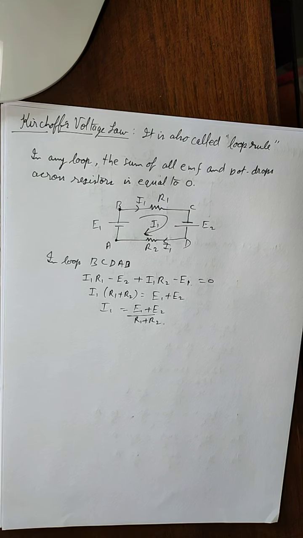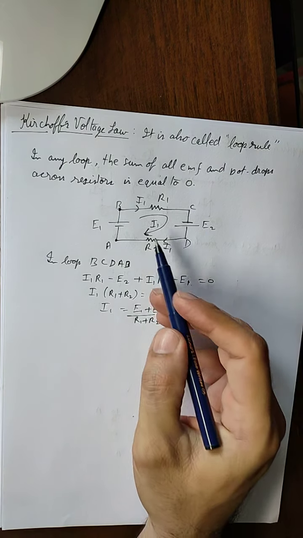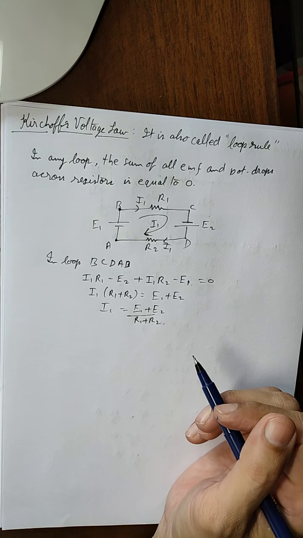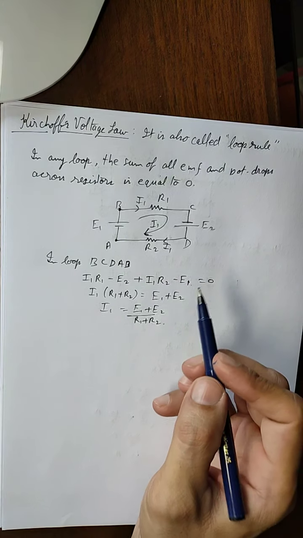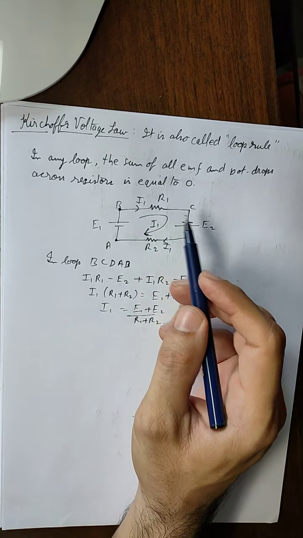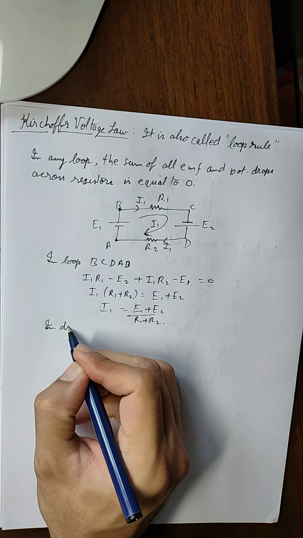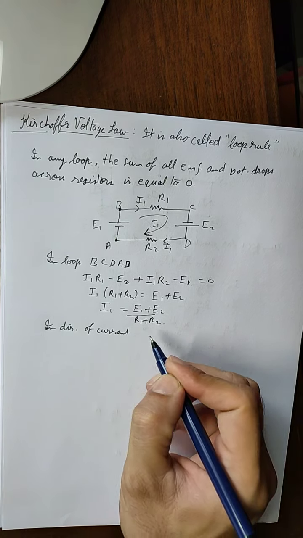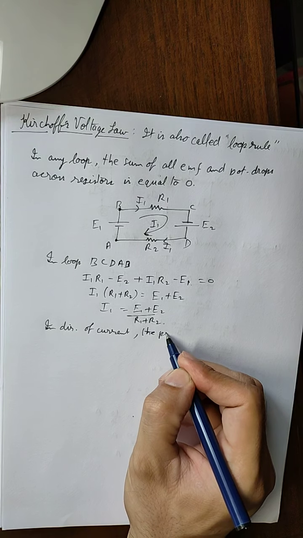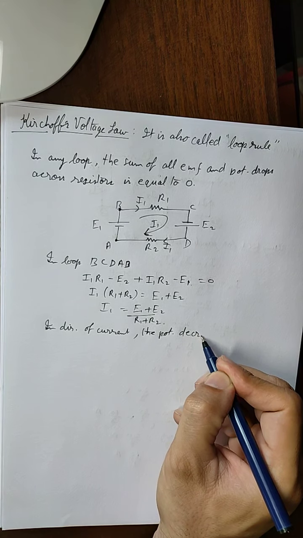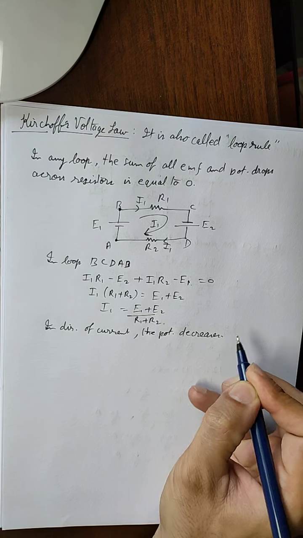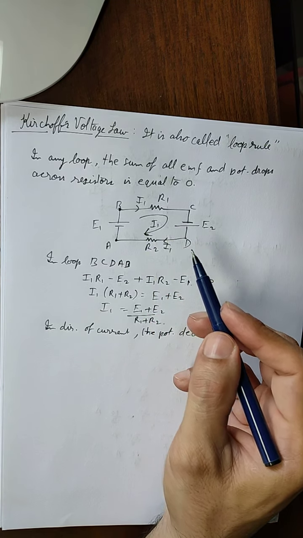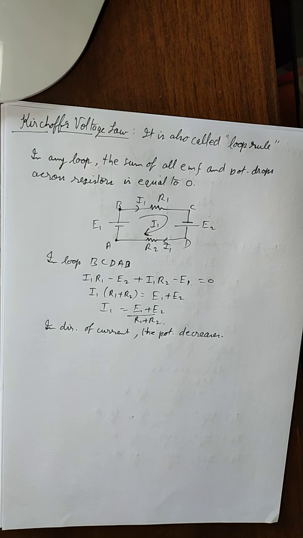Now we can also use another concept to write this equation. In that concept we know that in the direction of current the potential decreases. That means as we are moving along with I1 the potential will decrease.